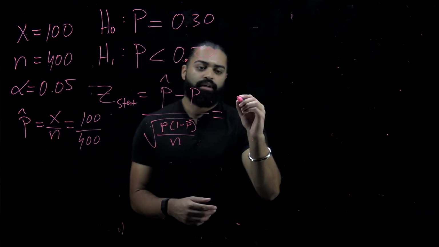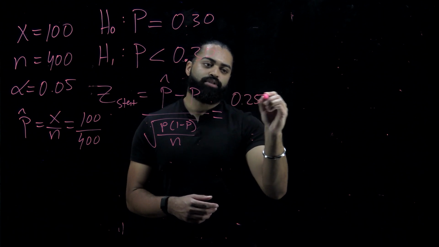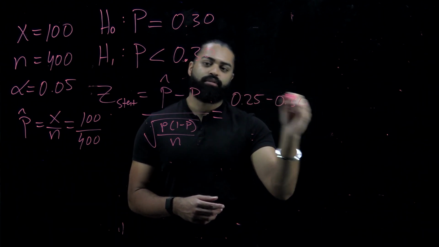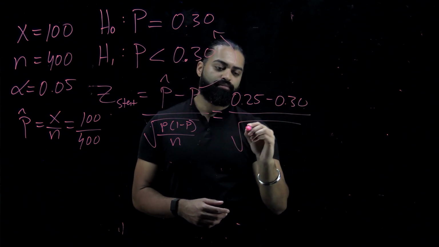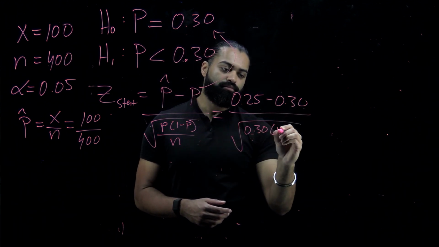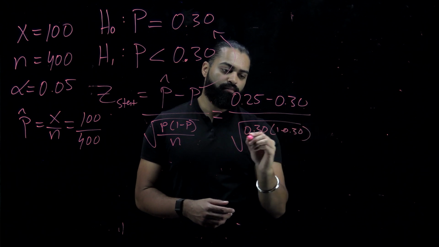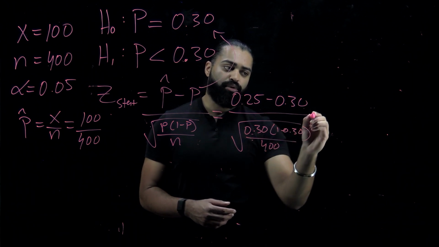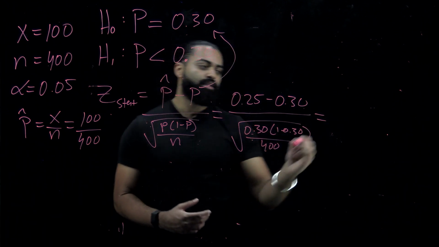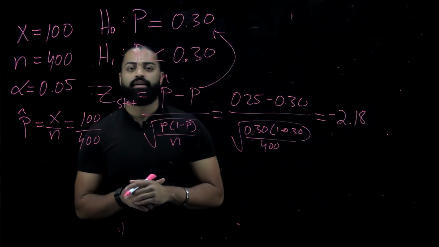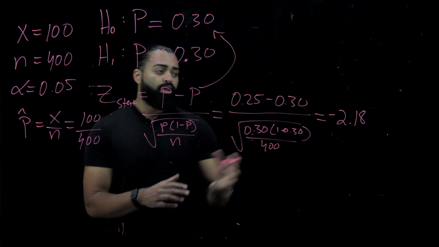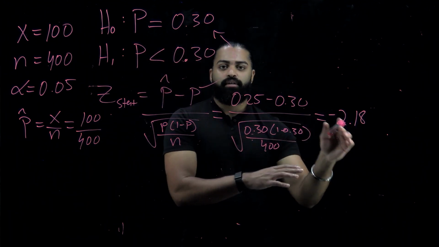So if I plug everything in, it's 0.25 minus 0.30. I get this from right here. Over 400. If I do all this, my z-stat, or my evidence, is going to be negative 2.18. So negative 2.18 is my z-stat. You should be getting something in this ballpark.